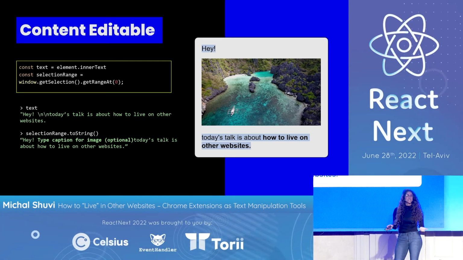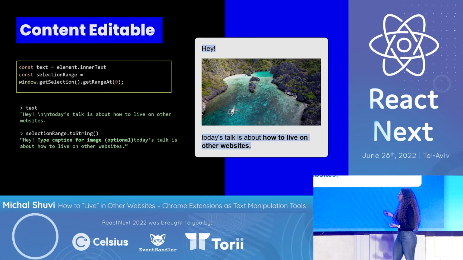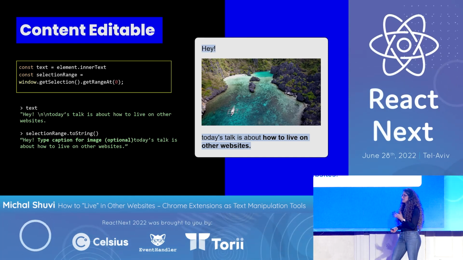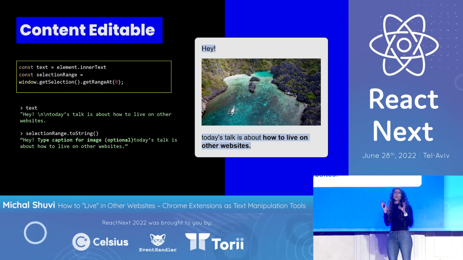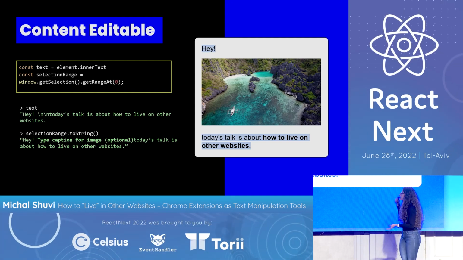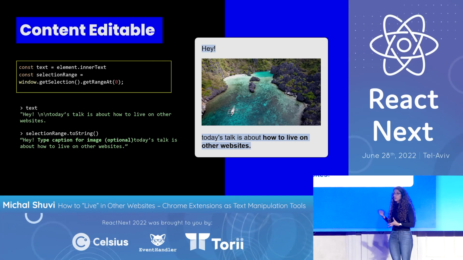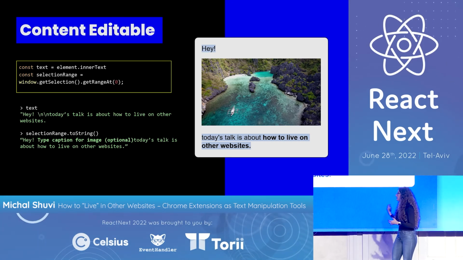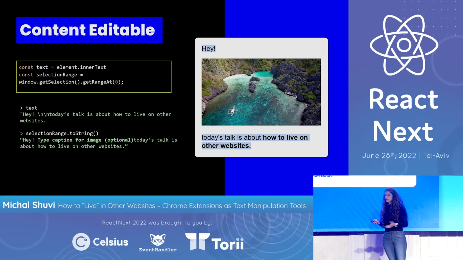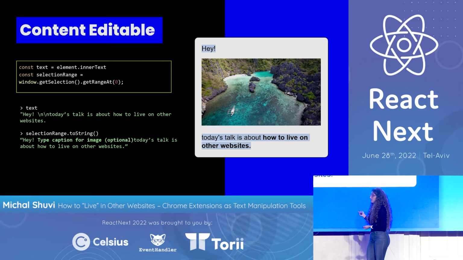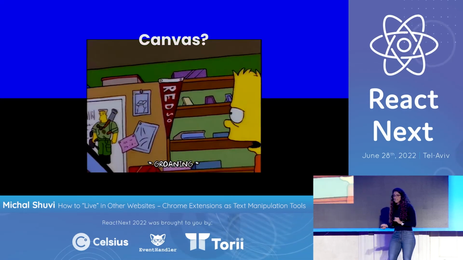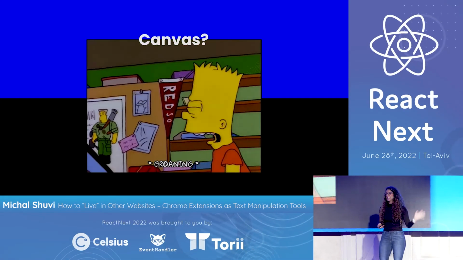So what basically happens here is when you're getting the selection, it also gets all the DOM inside it. It's not only the text that you see. So we need to map between what we see and what there is in the DOM, and we need to clean a lot. And there isn't any web API we can use that will be also very straightforward. And Canvas, don't get me started to talk about it. It's a mess.